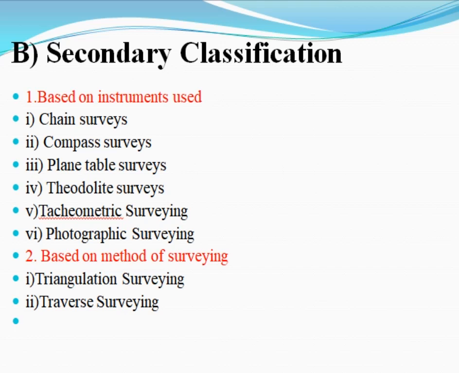It may be a 20 meter length chain, or 30 meter chain. You remember that a 20 meter chain has 100 links, and a 30 meter chain has 150 links, and a tally is provided. There is the ISI chain and another is the standard chain.